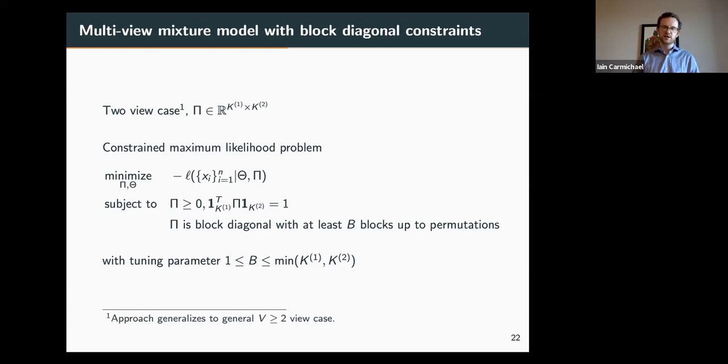So we have some matrix pi in R^(K1 by K2), and we want to consider the following constrained maximum likelihood problem: maximize the likelihood subject to the constraint that pi is block diagonal with B blocks up to permutations, which again I'm going to define in a second. This is the problem we're going to be interested in. And then we have this tuning parameter B, which controls the number of blocks. So how do we solve this problem?